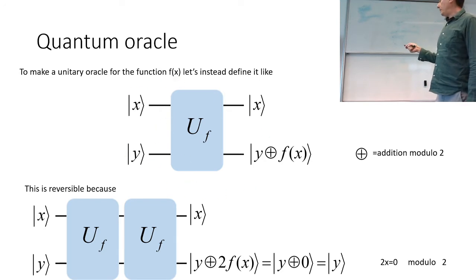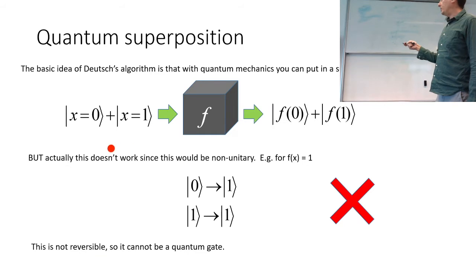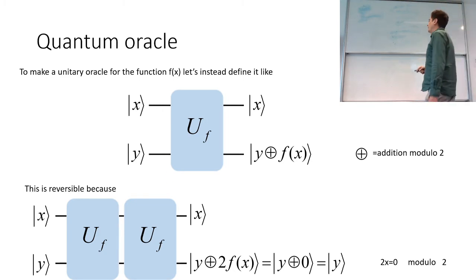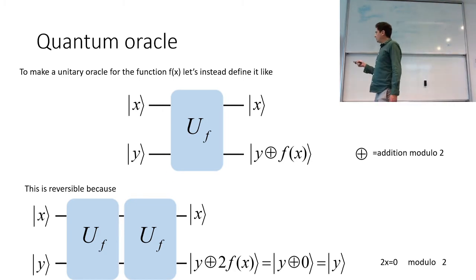Instead of doing this on the previous page, which was not unitary, we can do something like this, where this is the input of the function that you're trying to evaluate, and here's the output.